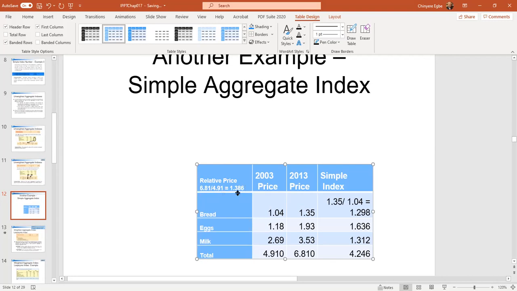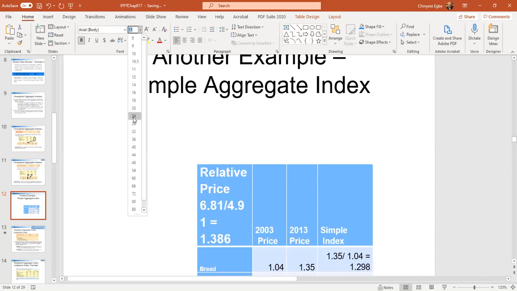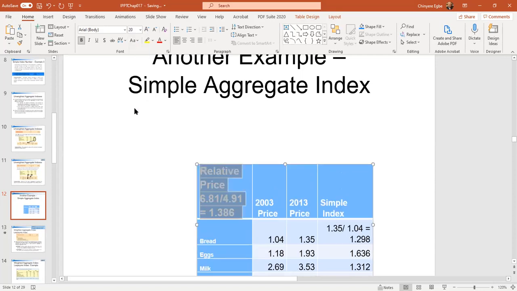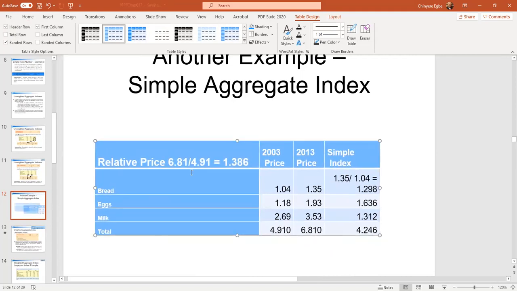It tells you that between 2003 and 2013, prices increased by 38%. And I just want to make sure that we follow what's going on here.